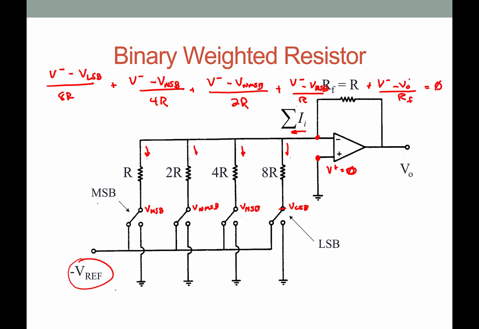So then when we set, because V plus equals V minus equals 0, what happens is we get minus VLSB over, I know this is messing with my PowerPoint here, it wants me to do something else. So I'll just get rid of this term, this term, this term, this term, and so I'll get that.